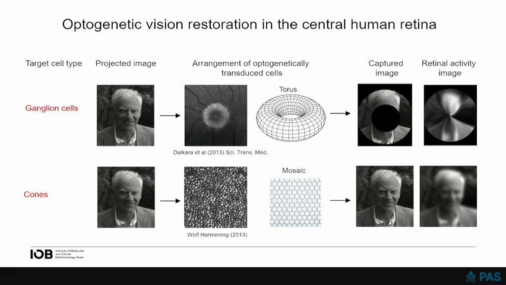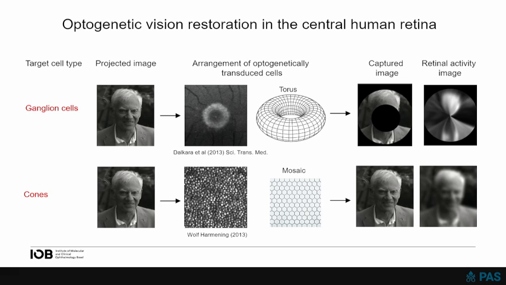And we are working with Valentina and Jose in these patients, and I have an algorithm for how to do that based on the anatomy of the connectivity. But a much easier way is to go for cone photoreceptors, which are on a mosaic, and therefore you don't have to pre-distort anything.